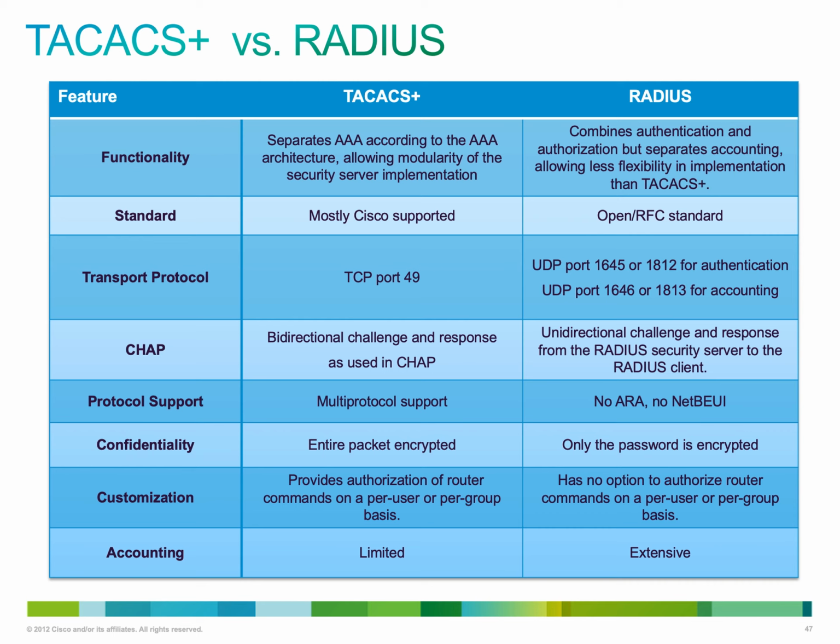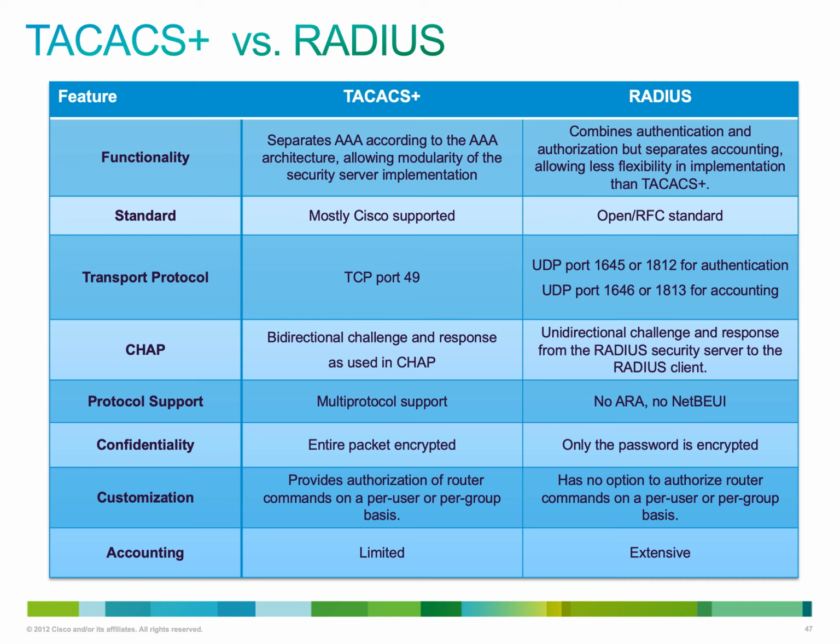Then another one to look at is the standard. TACACS+ is mostly Cisco supported. RADIUS is an open RFC standard. Transport protocol: for TACACS+, you use TCP port 49, and for RADIUS, you use UDP port 1645 or 1812 for authentication, and UDP port 1646 or 1813 for accounting.